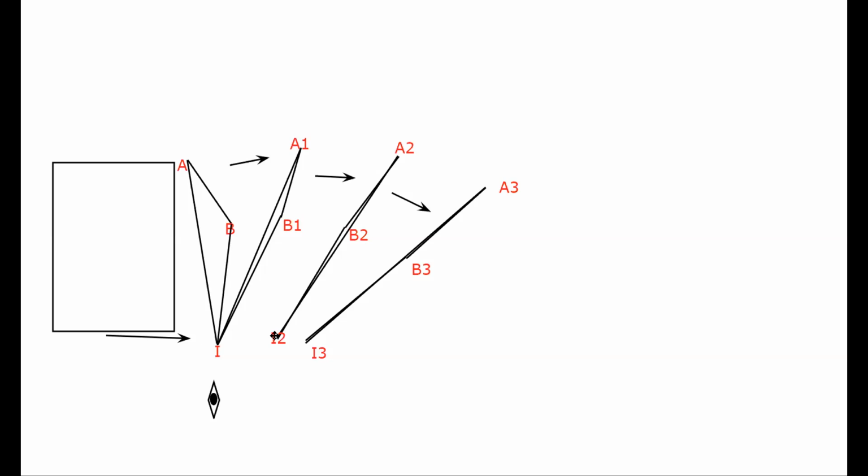Similarly, at the next point, if I poke the pen again, I'll get one more axis here. If I go on like this, I'll get different axes at different points. Those are known as axodes.